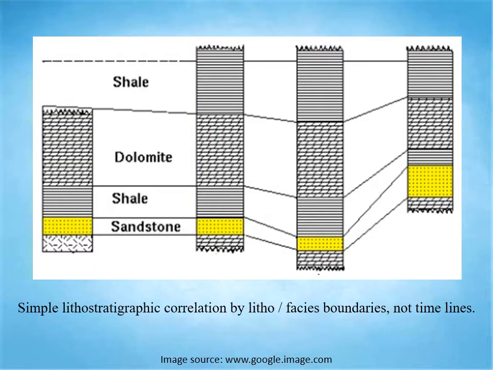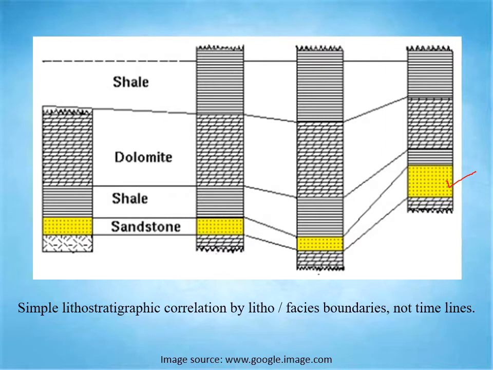Now, in this picture, you can also see that if we try to correlate the rocks that are exposed in different areas, say, for example, we are targeting this yellow colored sandstone layer. You can see that this yellow colored sandstone layer is occurring in all the four exposed rock columns.